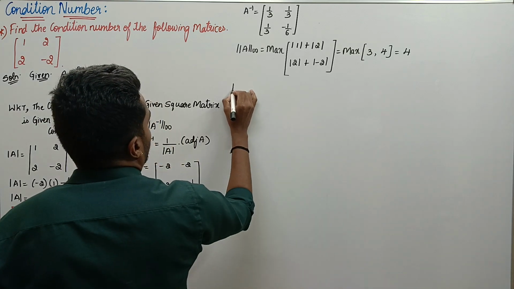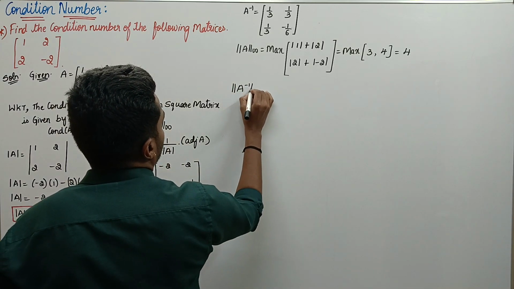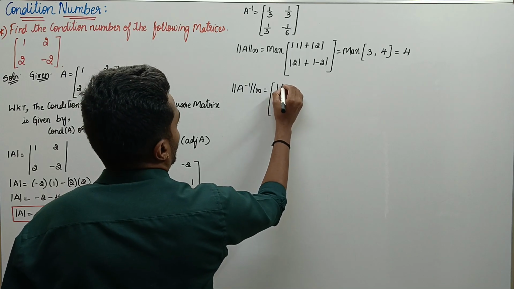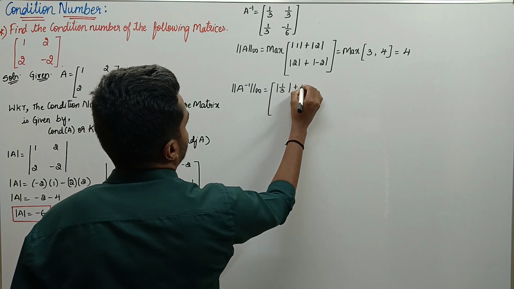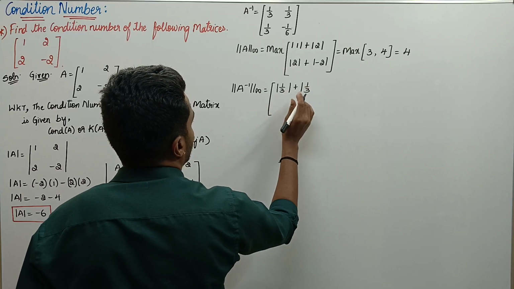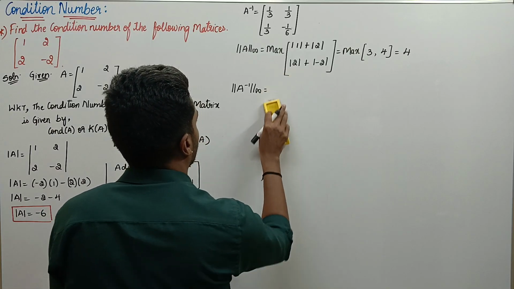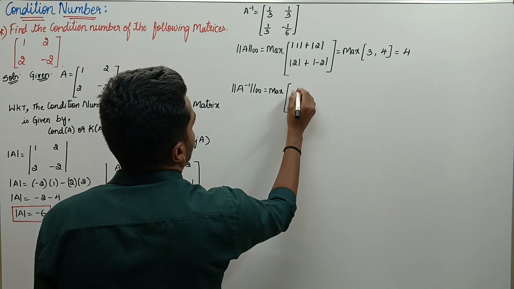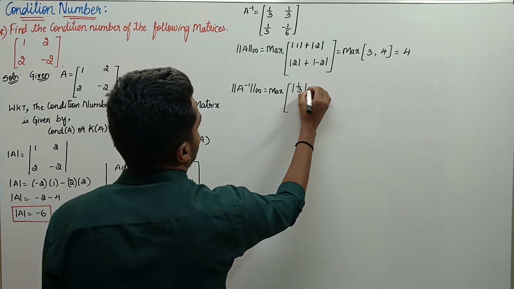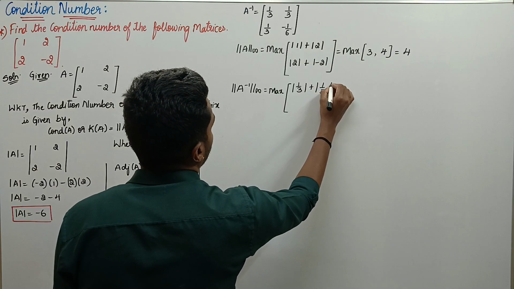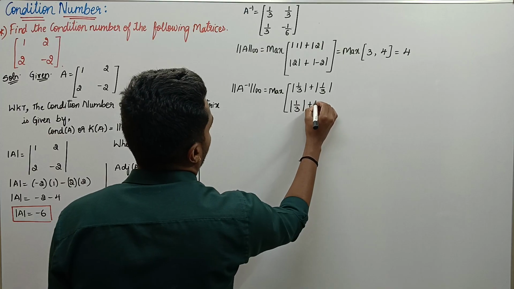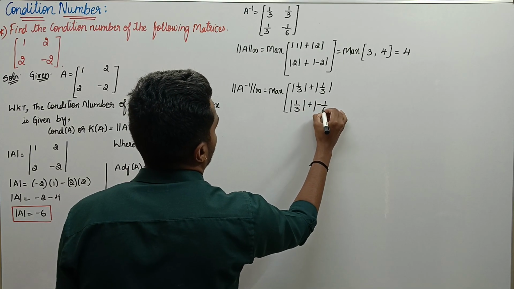Next, norm A inverse infinity, which is equal to maximum of modulus 1 by 3 plus 1 by 3. Next, you have 1 by 3 plus modulus of minus 1 by 6.